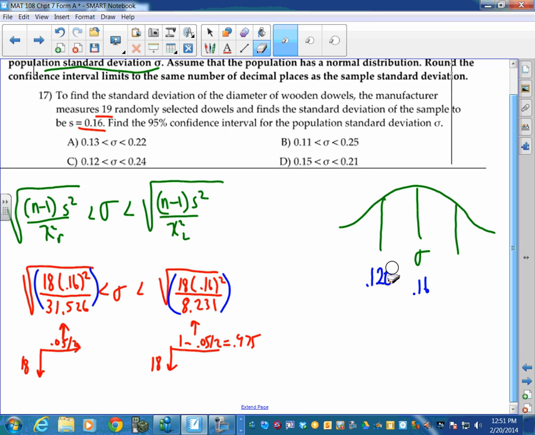And then for the right. 0.236? Okay, good. That's fine.